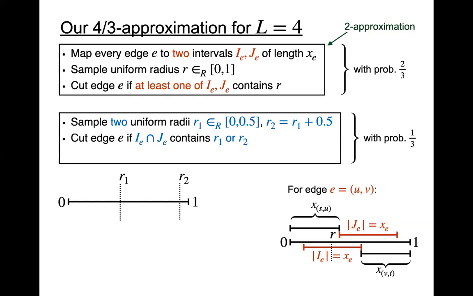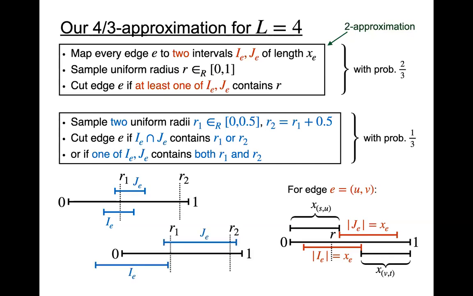And now we have two criteria for cutting an edge. We either cut an edge if one of these radii falls in the intersection of the two intervals corresponding to the edge. So for example, here, the first radius falls in the intersection of the two intervals. Or we cut the edge if both of the radii appear in one of the intervals.